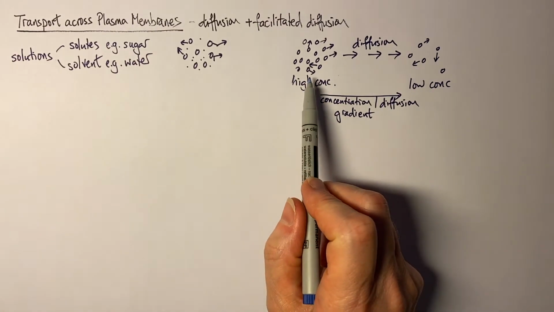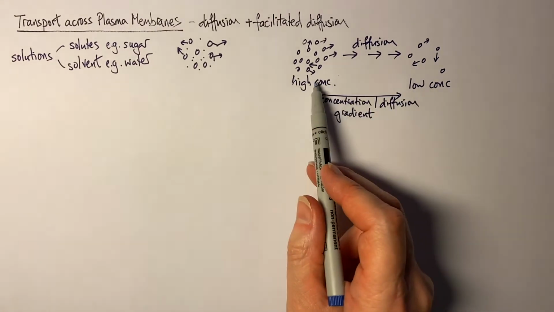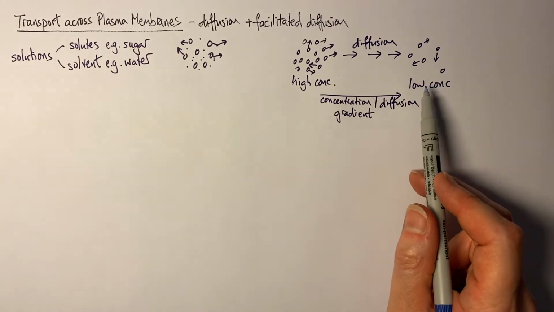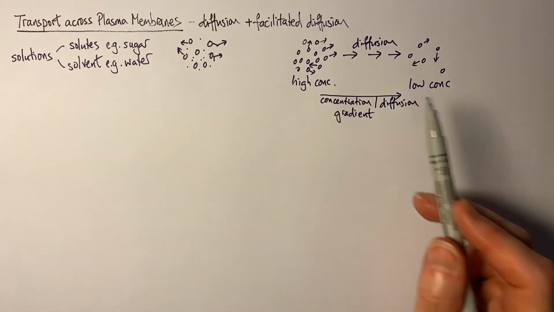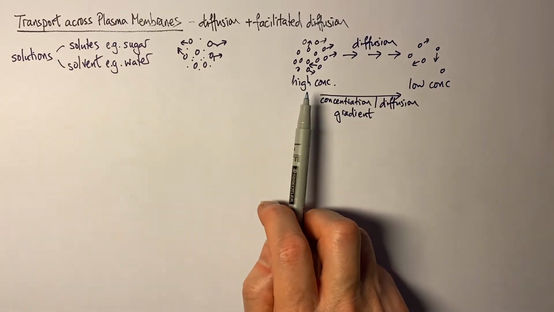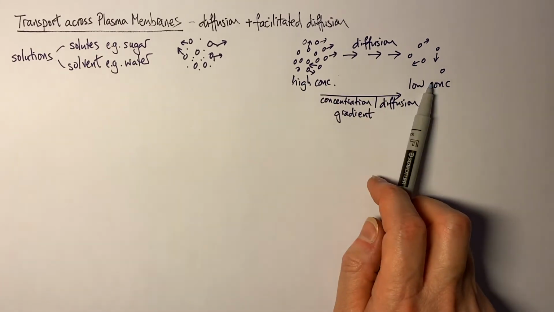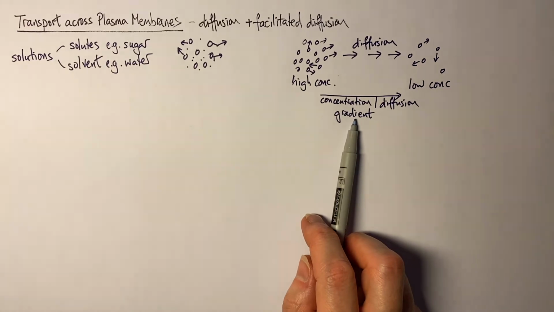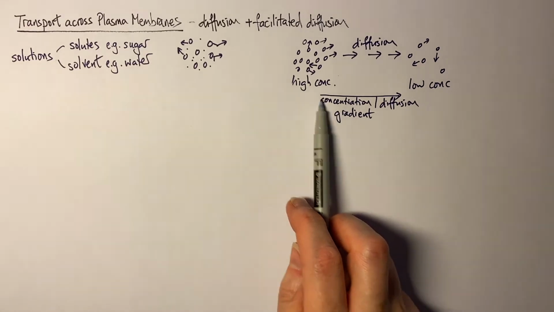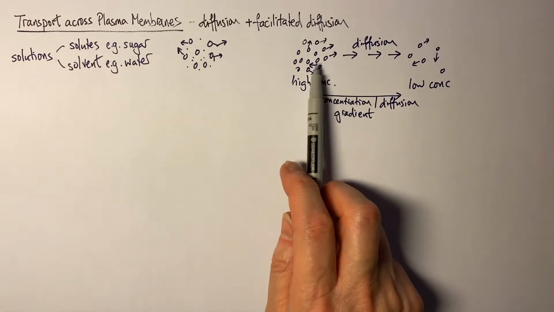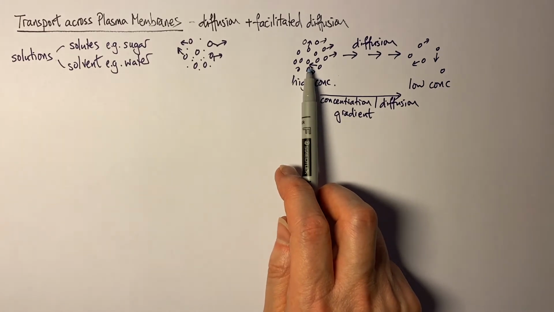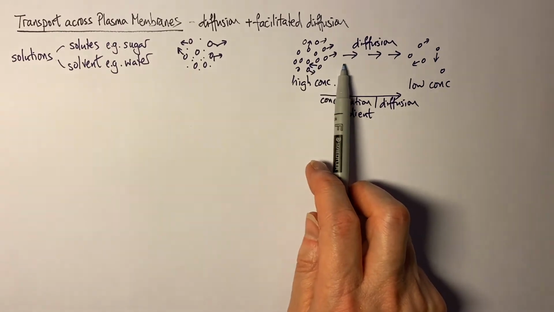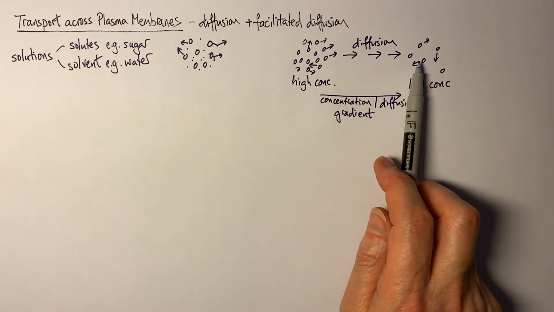Now, the difference in these two concentrations is really important, because if there's a large difference in concentration, therefore the concentration gradient is very steep, then there's more molecules over here, and that means over time there's a greater chance of these molecules moving across here.